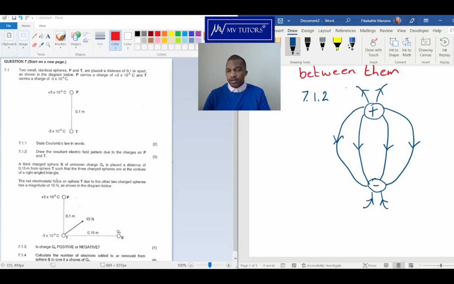If it's a right angle, we can use Pythagoras to find the net force. The net electrostatic force on sphere T due to the other two charged spheres has a magnitude of 10 newtons. There, they've shown it in the diagram below. Is charge QS positive or negative? Let's see what's going on here.